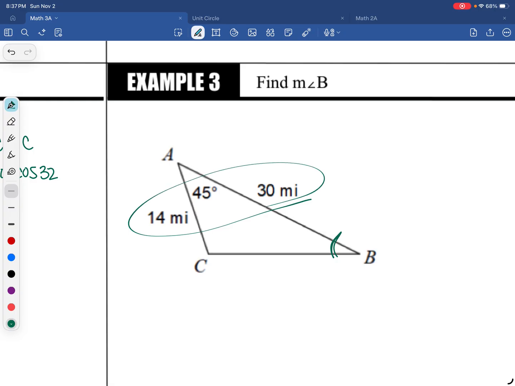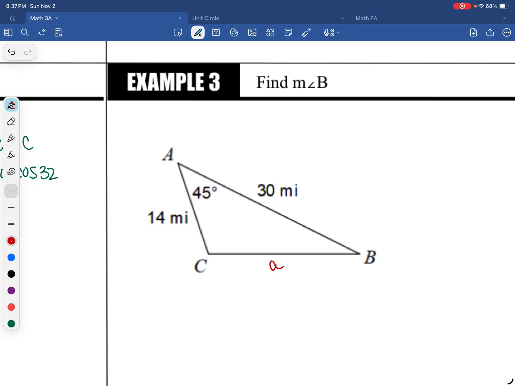So when we work to get that, it's going to give us this side A. And then once we know side A, then we can use this stuff to solve for angle B. So this one is going to be a little bit more involved, even though it seems like we've got the same things. So, okay, so we need to start with finding side A.